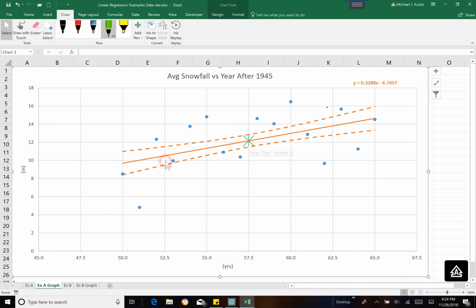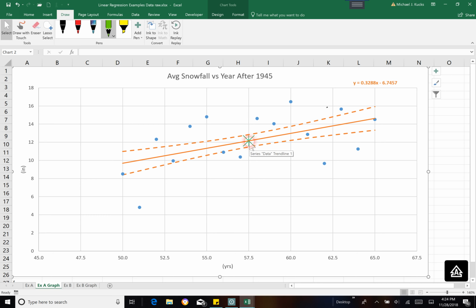The further we get away from the pivot point, the fluctuations get bigger. Right in here where the fluctuations are the smallest is right at the pivot point. And this distance from the positive dashed line to the negative dashed line is just the SE pivot. That's the uncertainty in the location of the pivot point.